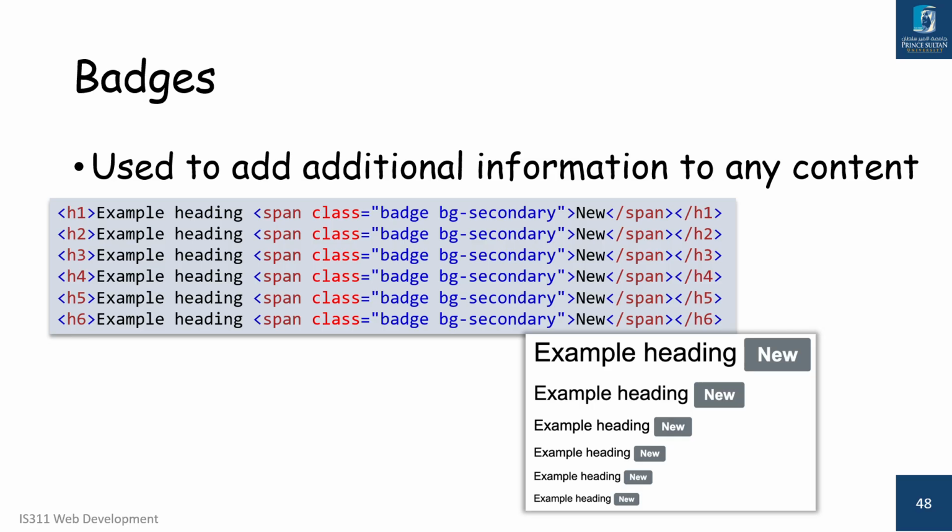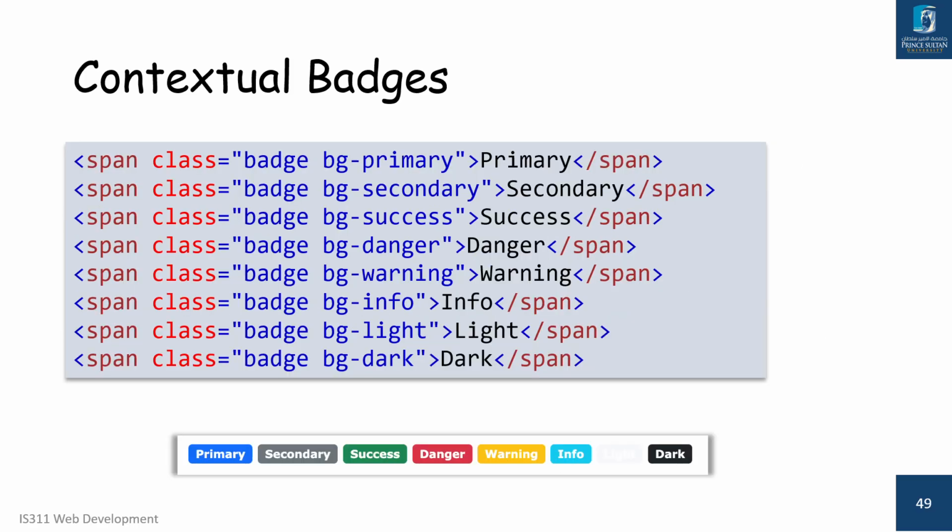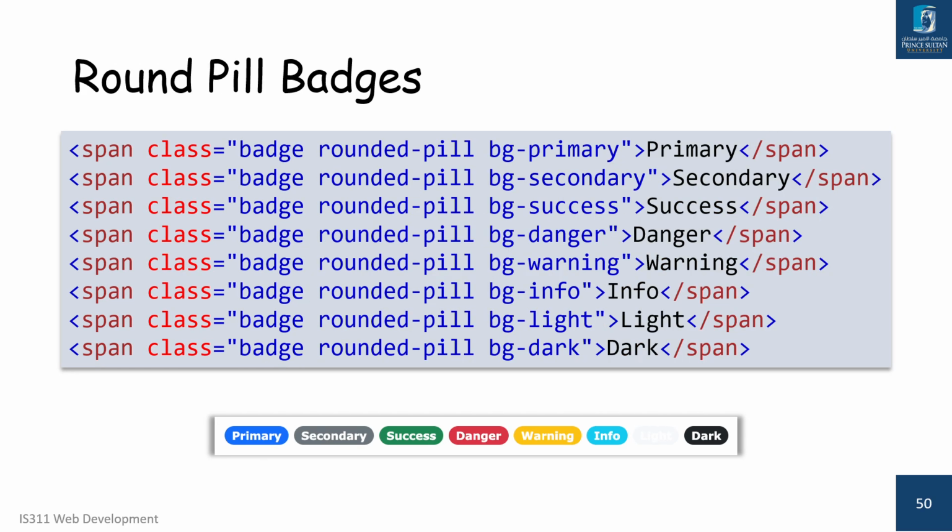Because everywhere we are using secondary. If we change the background color, then it will show you different background colors as well. Here we say badge and then bg-primary, bg-success, and so on. So we can also change the background colors. We can also change these badges into more of a pill style, the capsule style, rather than the rectangular form.